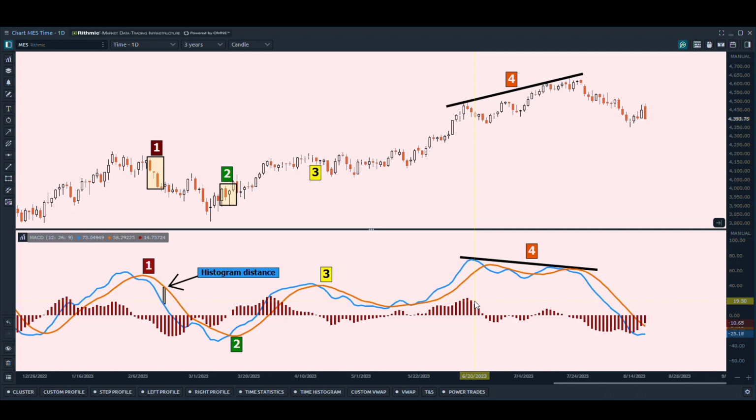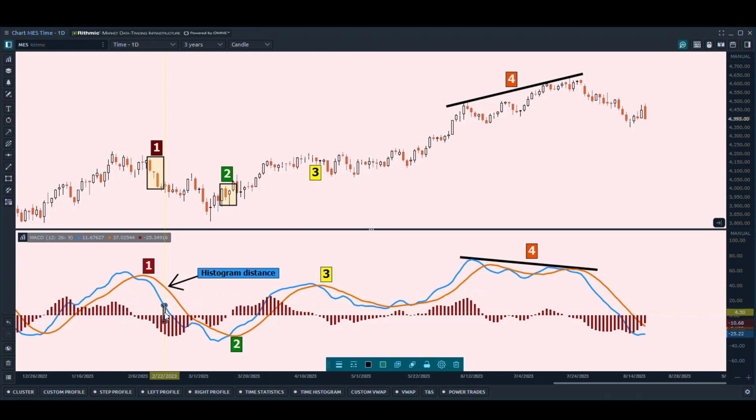Now, one of the main things that I haven't touched on is the histogram. The histogram is really interesting. If you look at the histogram distance right here, you'll see that I drew a rectangle pretty much from the signal line down to the MACD line. The histogram on the bottom is just these red bars.